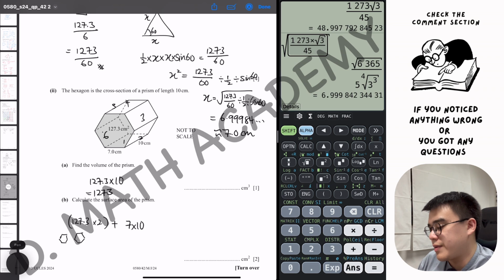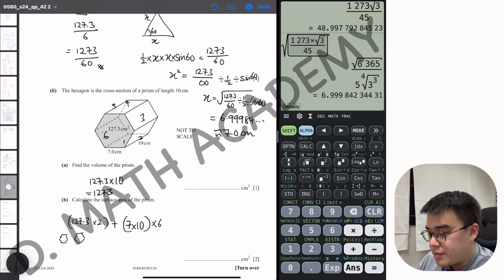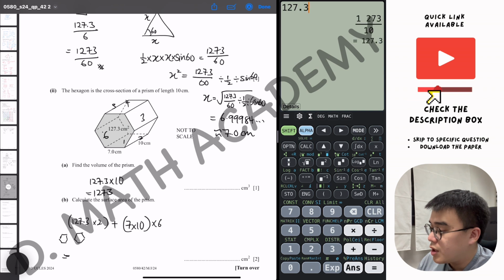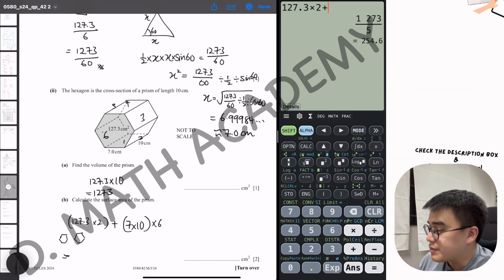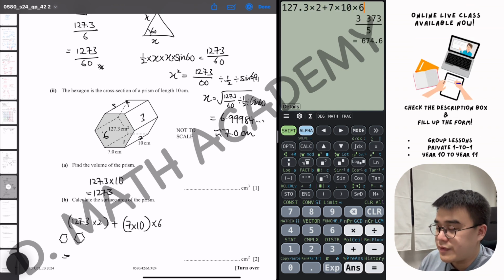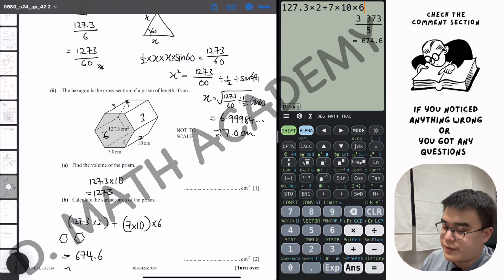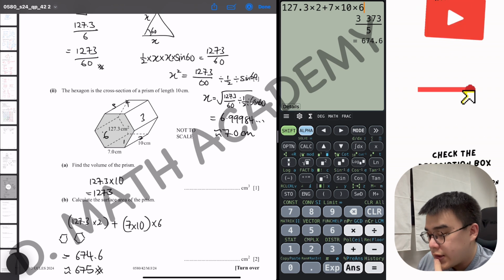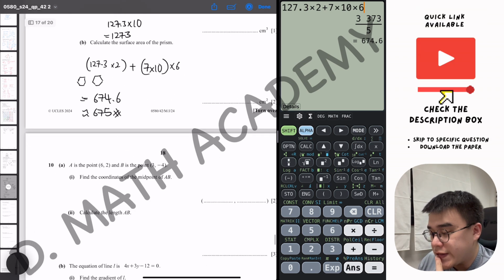So you have 6 of them. So just add it up. You should be able to get the answer: 127.3 times 2 plus 7 times 10 times 6. It will get 674.6, which is approximately 675 centimeters squared. Okay, so that's pretty much it.